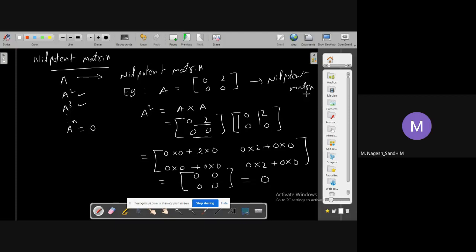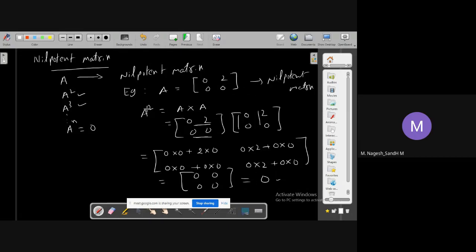It is not guaranteed that every matrix gets 0 at A square. Some matrix may get A cube 0, some matrix may get A power 4 as 0, like that. In this problem, when you take A equal to [0 2; 0 0], you got 0 at A square only. Our target is to get the null matrix, which means it is nilpotent. So therefore here [0 2; 0 0] is nilpotent.